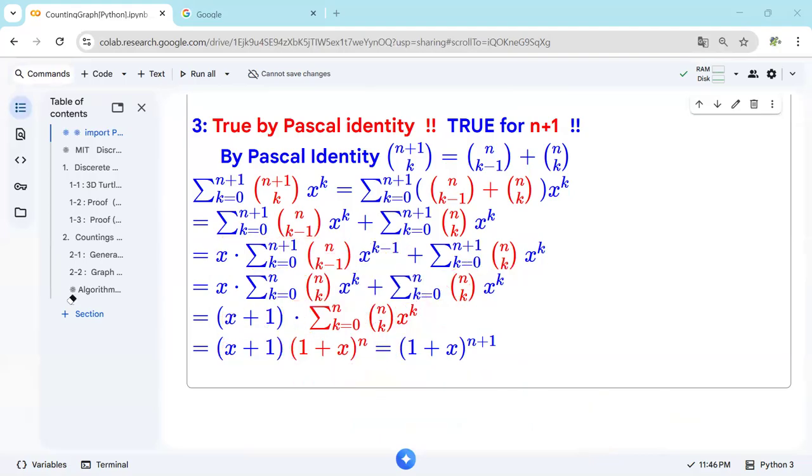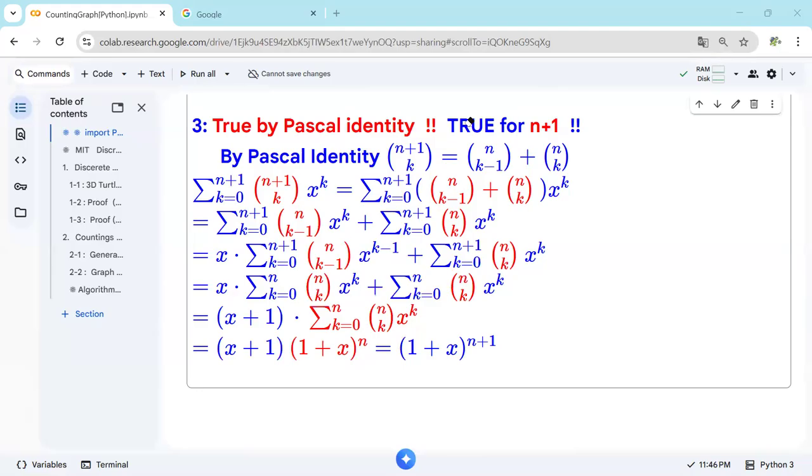This is very short, but inside of this proof, the basic ideas of mathematical induction are hidden. Also, using this kind of Pascal identity and the process of mathematical induction, we can prove this one in this way.